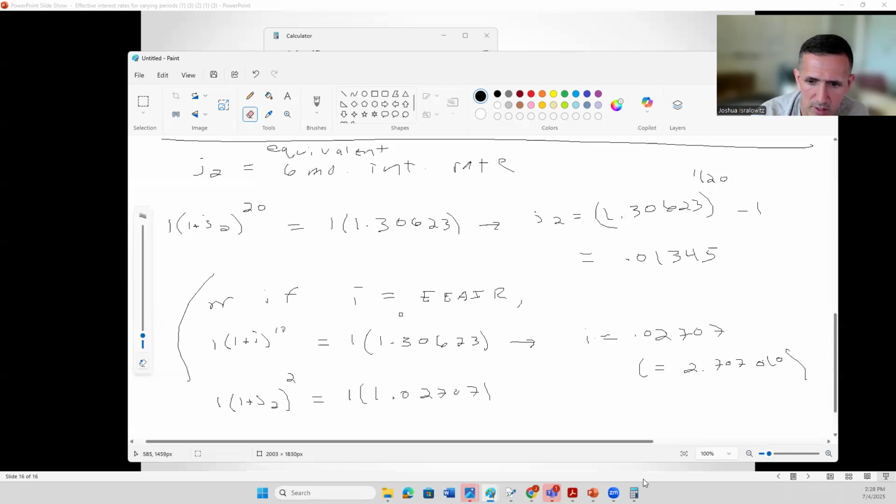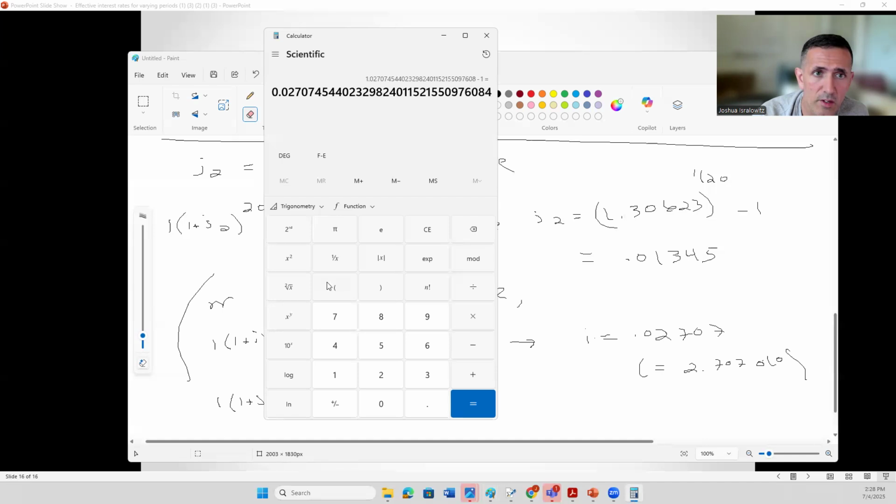Again, just taking the square root of this, plus 1, square root of this, and you get the same answer, subtract 1: 0.01345.